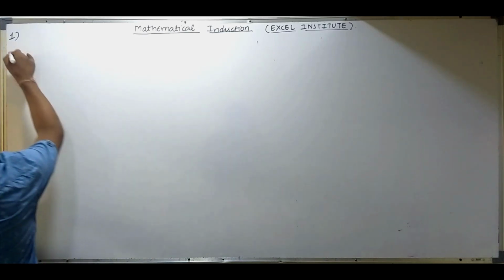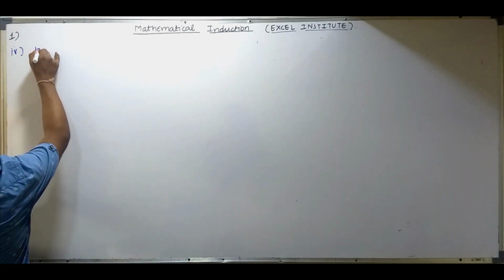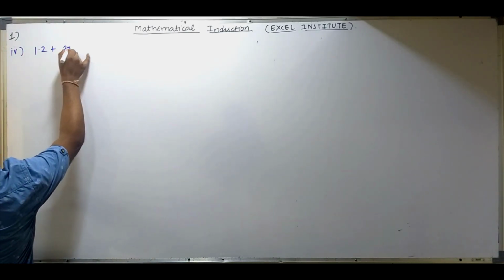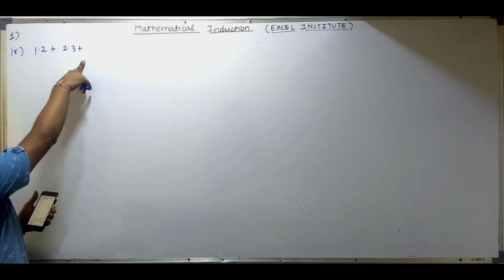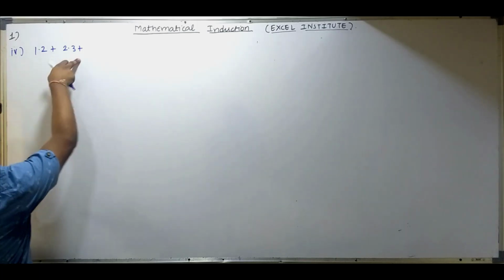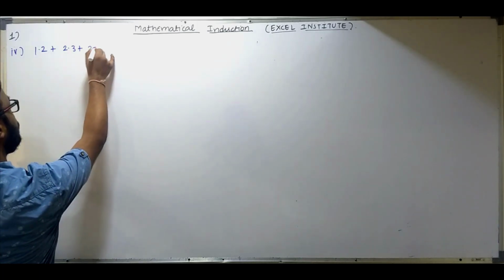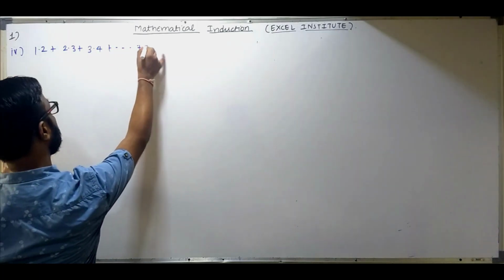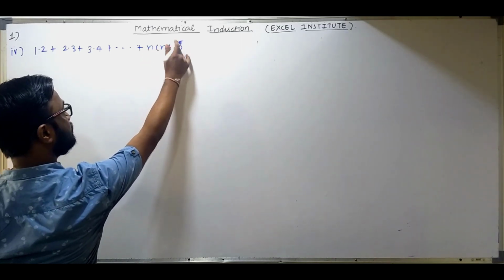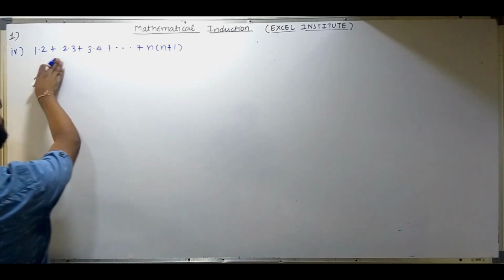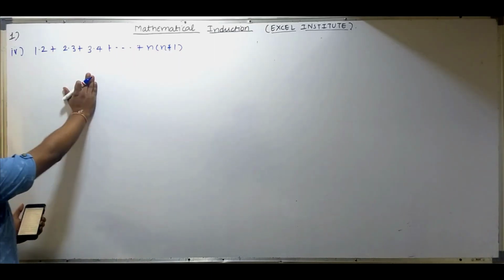See, the fourth question is 1 into 2, 2 into 3, not 1.2 or 2 point. So 1 into 2, 2 into 3, 3 into 4. Now you can think, why are we writing 1 into 2, why not directly 2, and why 2 into 3, why not directly 6?